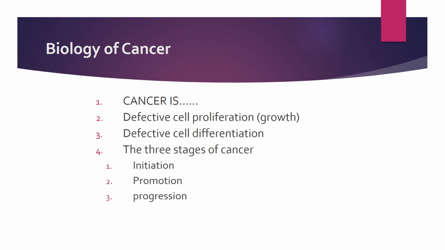And so they do invade other spaces and they grow at an alarming rate. Defective cell differentiation is typically stable and orderly for someone who does not have cancer, but this is not the case when we have cancer. And this is also where your genetic links come into play.